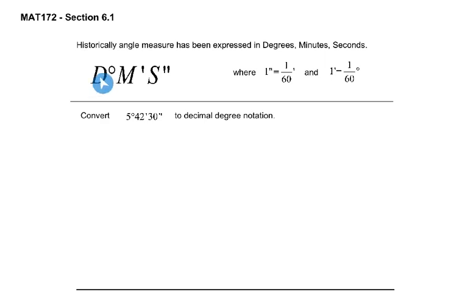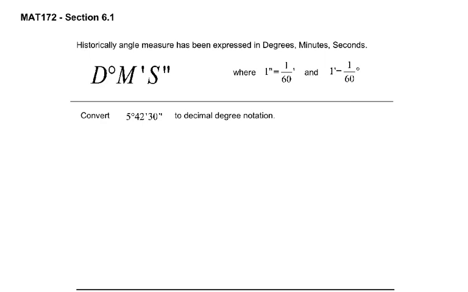So let's define what a degree and a minute and a second are. We've got a degree symbol, we have an apostrophe for minutes, and then a quotation mark or 2 apostrophes for seconds. So a second is 1/60th of a minute, and a minute is 1/60th of a degree.